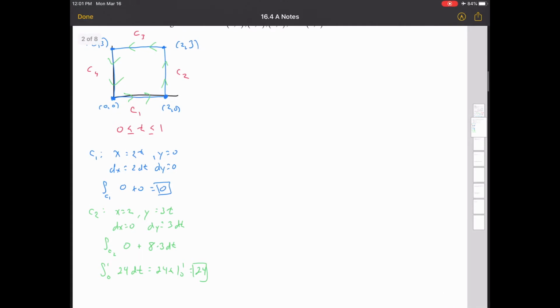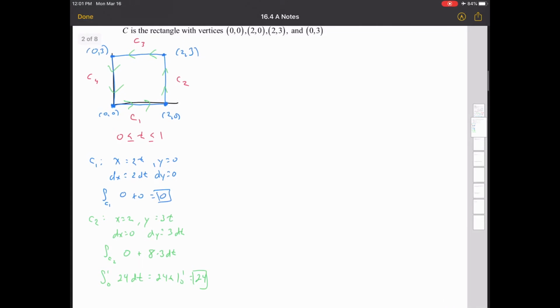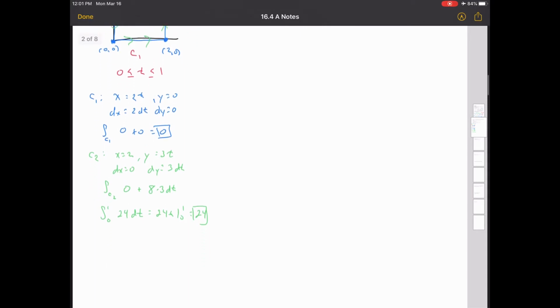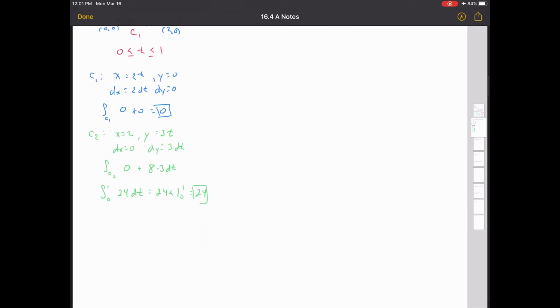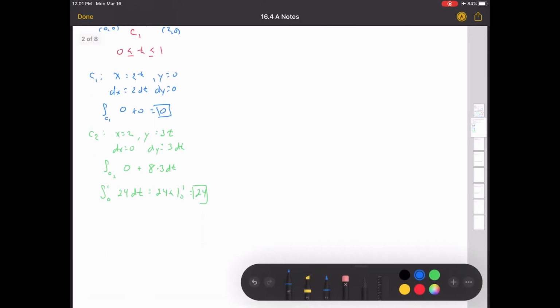So C3 is going to go from (2, 3) to (0, 3). Now make sure, because direction is important here. It's going to go from (2, 3) to (0, 3). So let's see how that changes anything if it does. Let's go in red there.